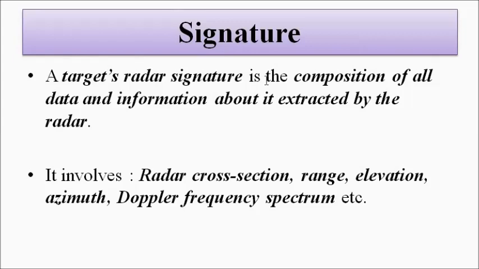After that, there is the radar signature, which is unique for a particular target object. It is basically a combination of all the data and information about the target which is extracted by the radar. It is a combination of the radar cross section, range, elevation, azimuthal angle of the target, and Doppler frequency spectrum, everything combined together.